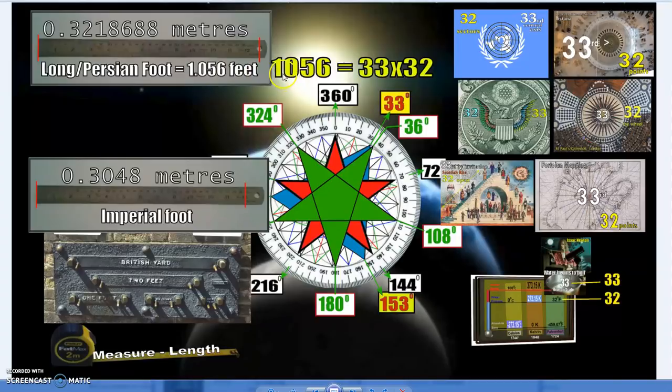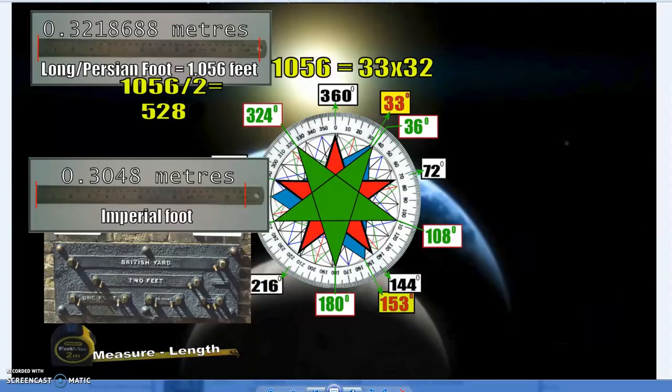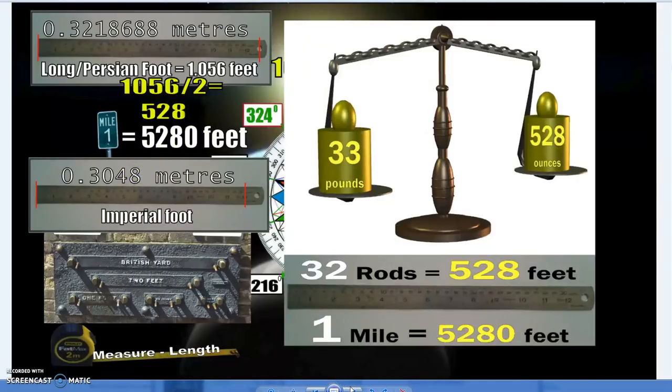Now, 1056 equals 33 times 32, 33 and 32. Now, 1056 divided by 2 equals 528, as there are 5,280 feet per mile. It's also interesting to note how cunningly weights and measures are encoded.